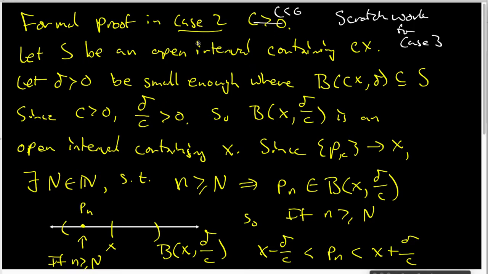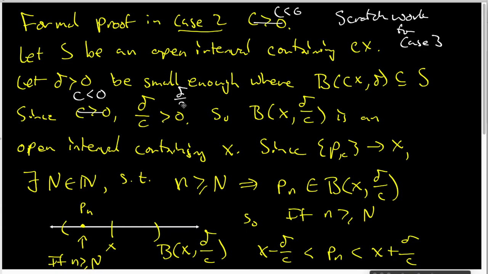We're still going to look at S, an open interval containing cx. We're still going to let delta be bigger than 0, and we still want this particular interval. But this gets changed to c is less than 0, and that means delta over c is no longer positive.